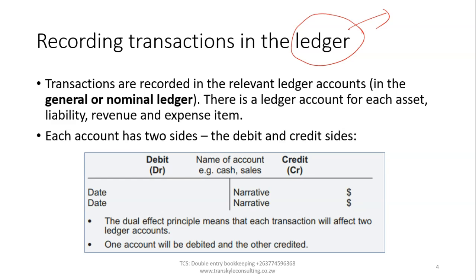Everything that occurs in the company should, at the end of the day, reach the general ledger. You will see that there are so many ledgers, but the general or nominal ledger is the ultimate ledger where all transactions, whatever transaction we are talking about, should be explained. It is different from other ledgers.